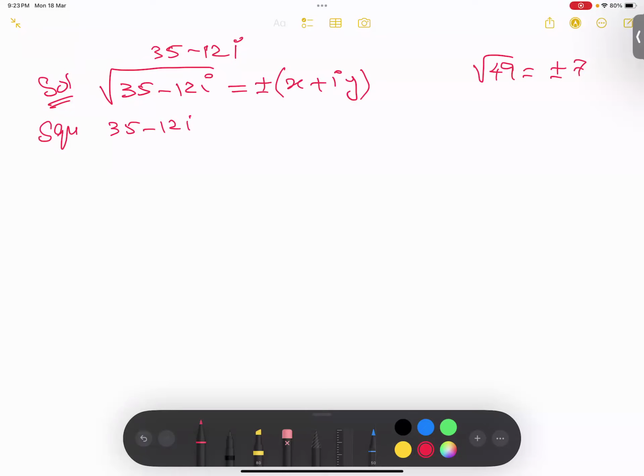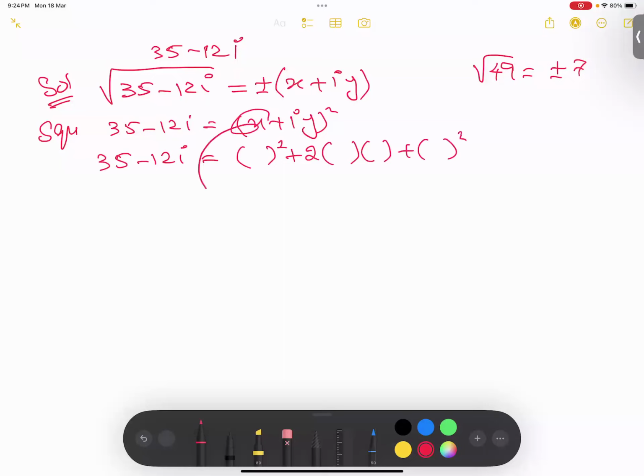And squaring the right side, the square of plus and minus will give you plus, and I will get this kind of format. After this I will expand the right hand side: square of first term, 2 into first term into second term, plus second term square. So x will come in the first two brackets and iota y in the second two brackets: x, iota y and iota y.